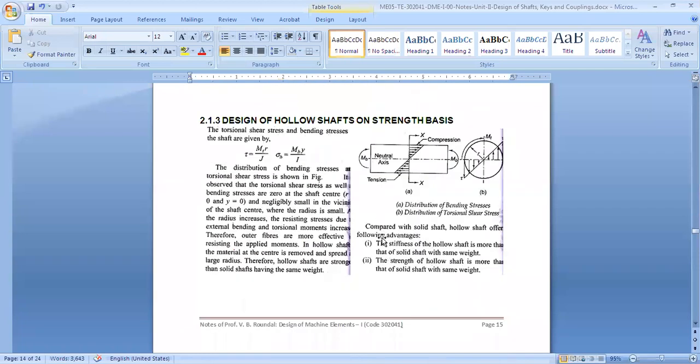But now we'll go through the basic concepts for the design of the hollow shaft. I want to complete that so that in the next lecture, if possible, we'll take two examples, or at least one example for the hollow shaft, because it is asked in the exam how to design the hollow shaft. So we'll go through the basic concept of the design of the hollow shaft on the strain basis.